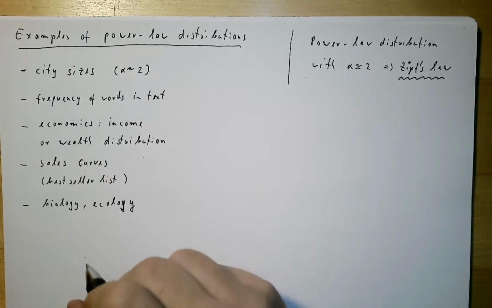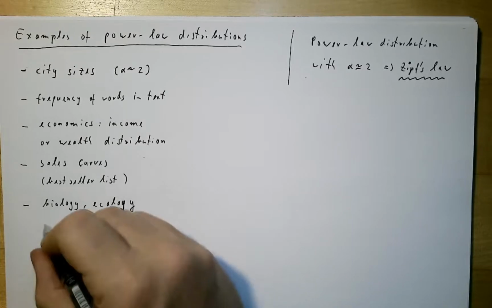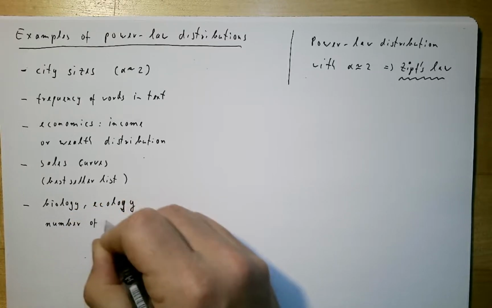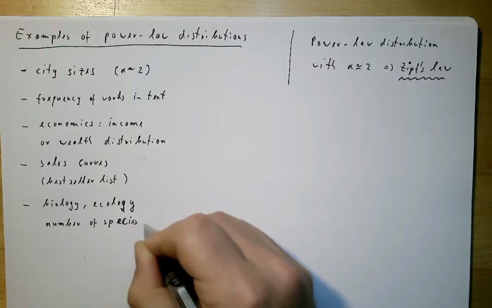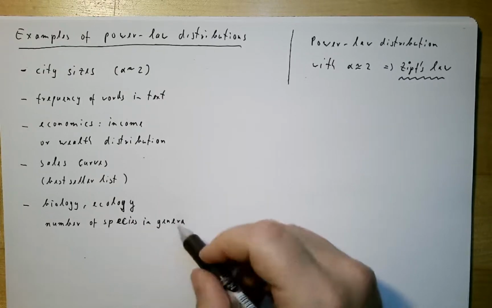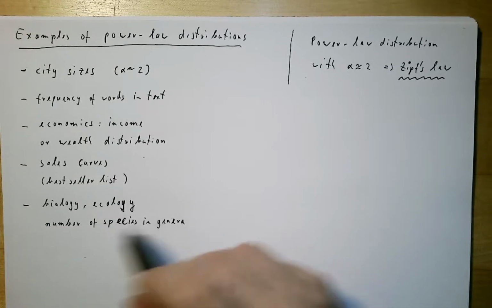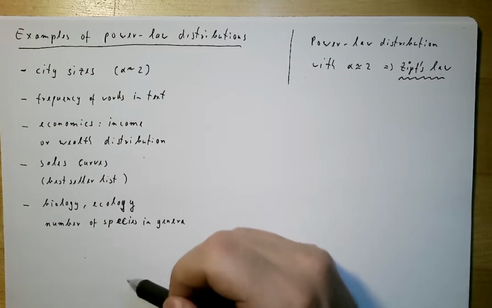For example, when you look at the distribution of the number of species in genera, then you have some genera which have many species, and most genera have a few species. You find again such a distribution.